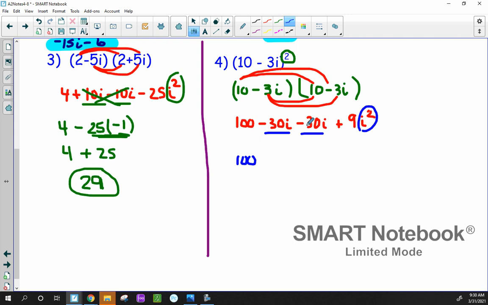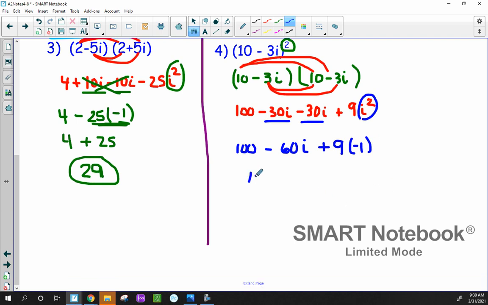This is not going to be 0, okay? So be careful with your signs. Always pay attention to what you have in front. So a negative 30 and a negative 30 put together is actually negative 60. So there's negative 60 i's left. And then on your last term, you'll copy down your 9, and you'll change i squared over to negative 1.